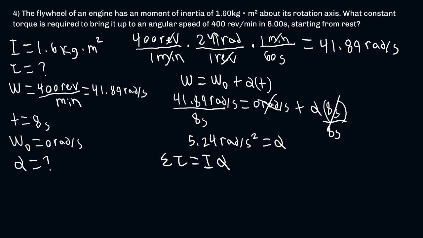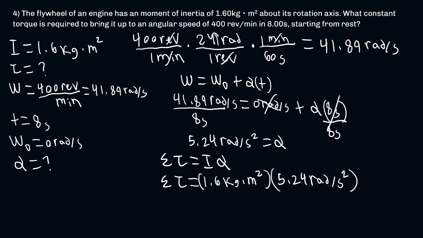So all we have to do now is just multiply these two numbers together. So the sum of all torques in this question is equal to the moment of inertia, which is 1.6 kilograms times meters squared, multiplied by the angular acceleration, which is 5.24 radians per second squared. So let's multiply these two numbers together, and we're going to end up with the torque required to bring this to this speed.